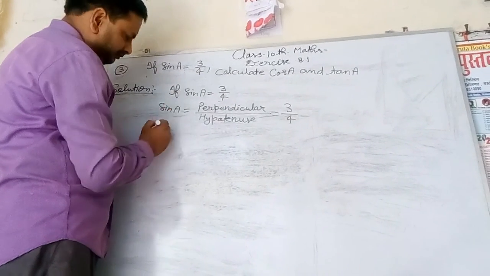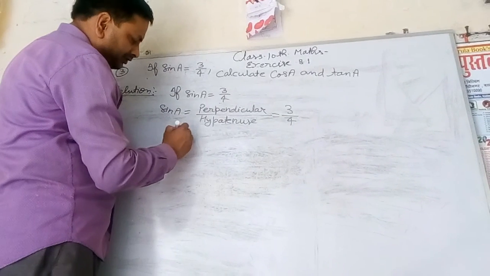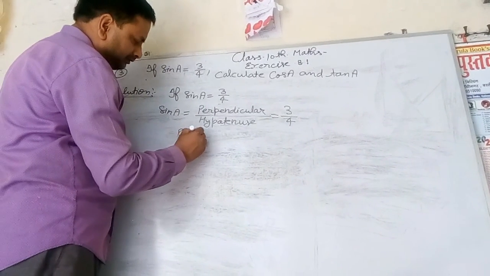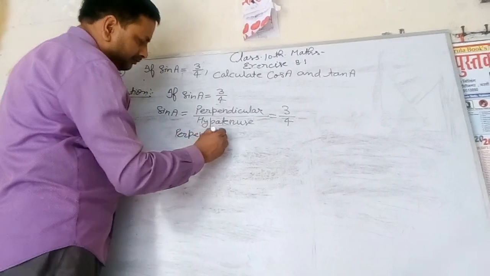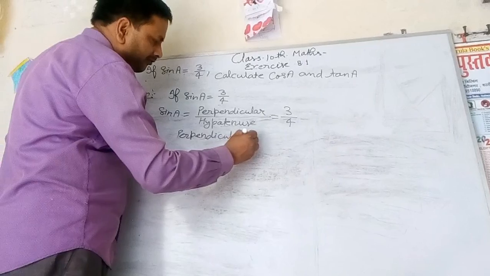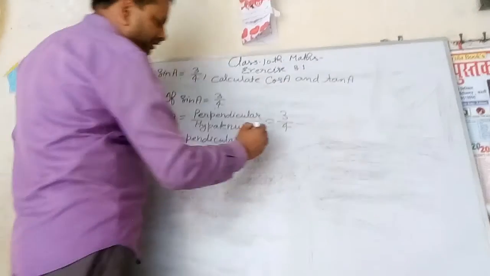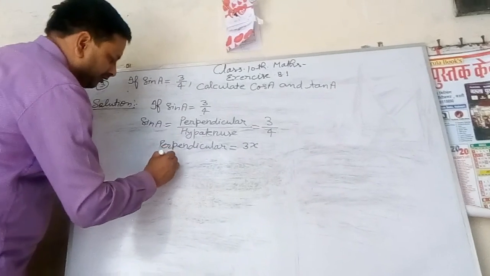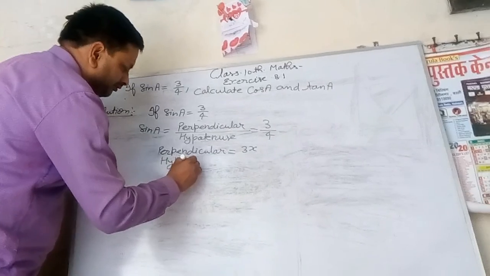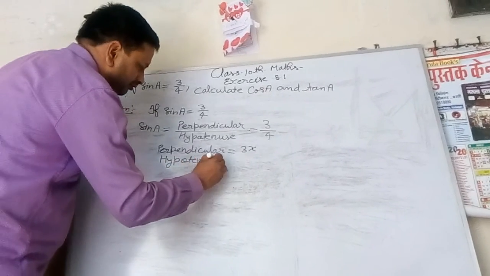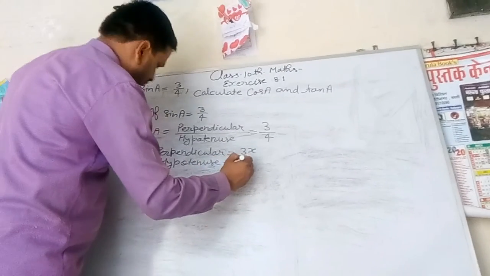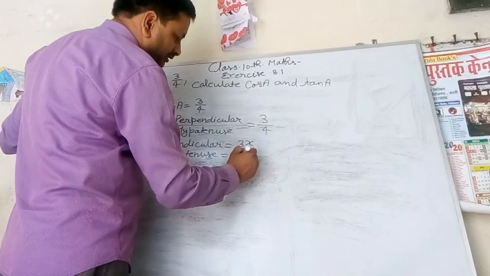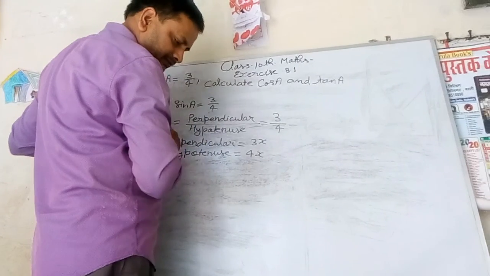So in this question perpendicular equal to 3x unit and hypotenuse equal to 4x unit.